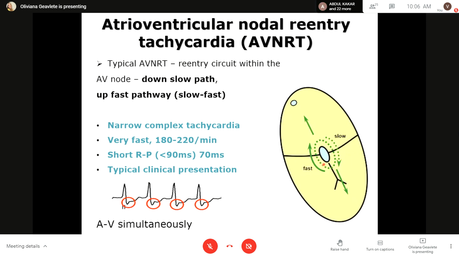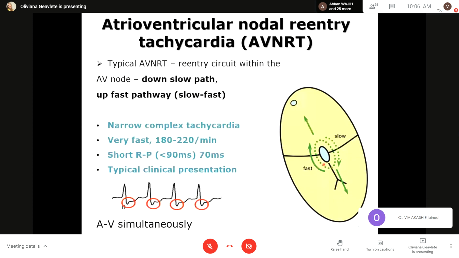And typically you will see an S wave in V1 and V2. I will show you on the ECG because it's hard to explain.